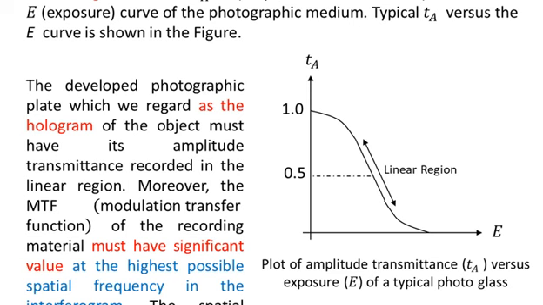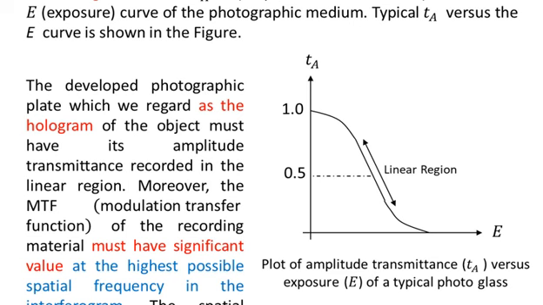If the exposure is almost 0, it means that we have not shone any light on the photographic plate, which means that when developed, the plate will be transparent. But if we have some reasonable value of the exposure, then for example at the value of 0.5 amplitude transmittance, it means that some light can be stopped and some of the light can be passed through.